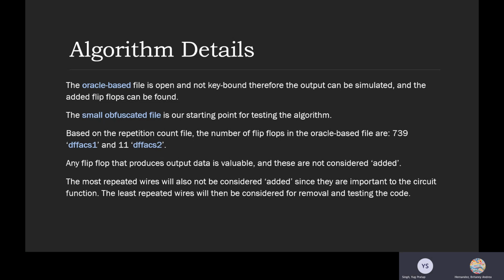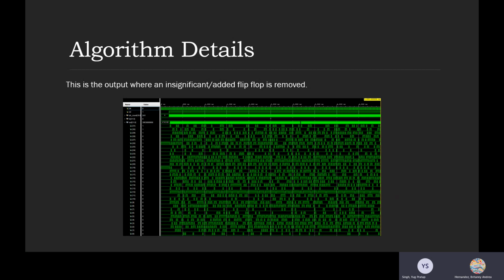Any flip-flop that produces output data is valuable, and these are not considered added since the functionality depends on them. The most repeated wires will also not be considered added since they are important to the circuit function and they are vastly used everywhere. Therefore, the least repeated wires will be considered for removal and testing the code.